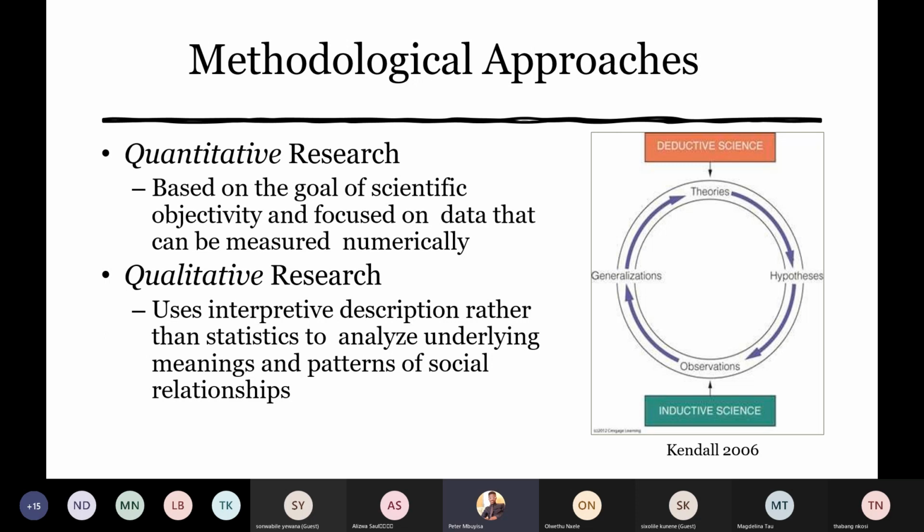Just get some hands quickly. What's the difference between quantitative research and qualitative research? Yes, guys, you can unmute and speak. Or should I choose people again?